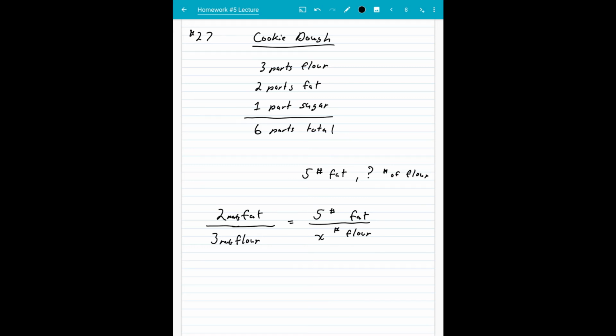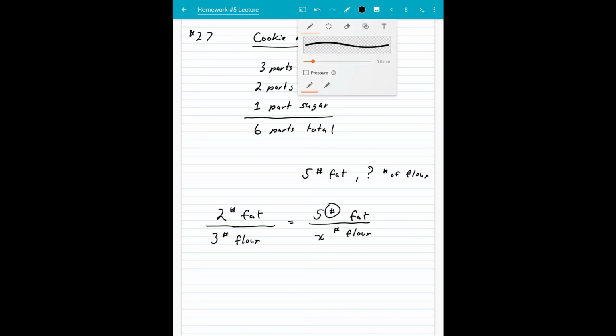Now, parts and pounds are not the same looking unit, but because this recipe is weight-based, our units of measurement on the first part are weight-based. So instead of saying 2 parts and 3 parts, you can say 2 pounds of fat to 3 pounds of flour.